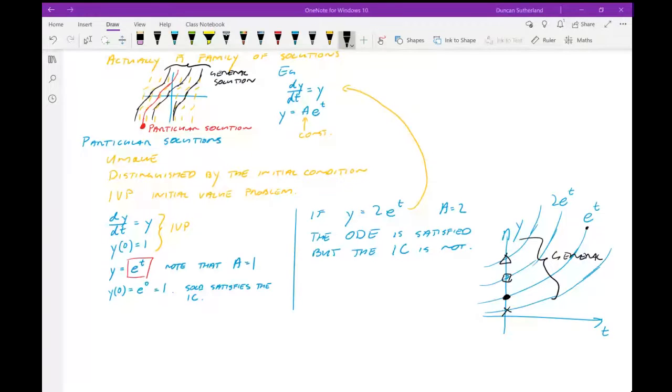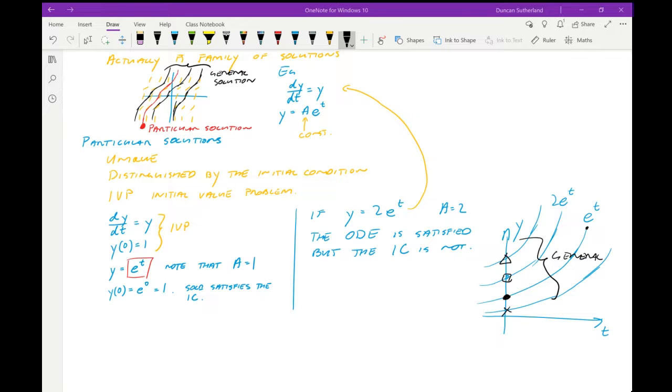In fact, how you solve these problems is you work out the general solution first, and then you work out this constant of integration. You'll note that you need one extra piece of information per constant of integration.